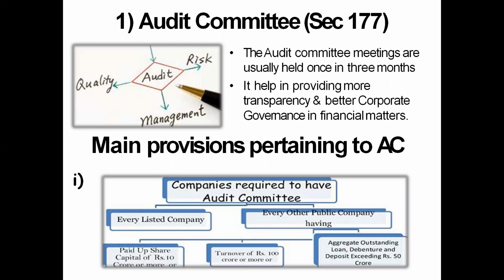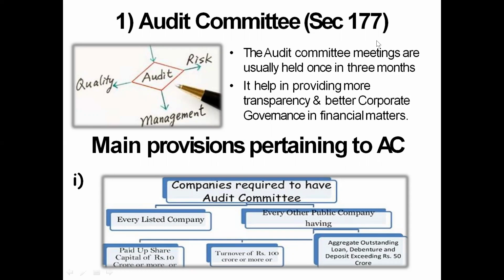The first kind of board committee is audit committee, as given under section 177. The audit committee meetings are usually held once in 3 months. It helps in providing more transparency and better corporate governance in financial matters, and major provisions pertaining to audit committee are with respect to two kinds of companies.